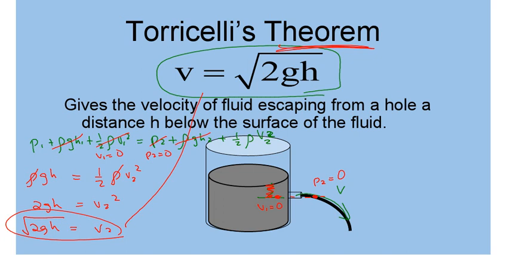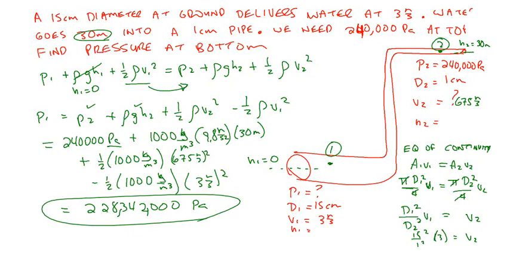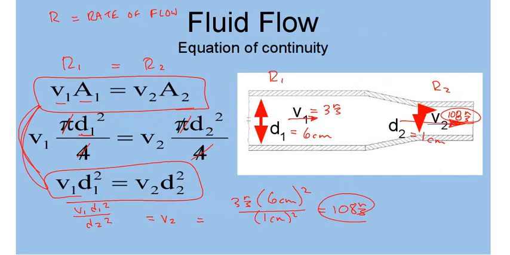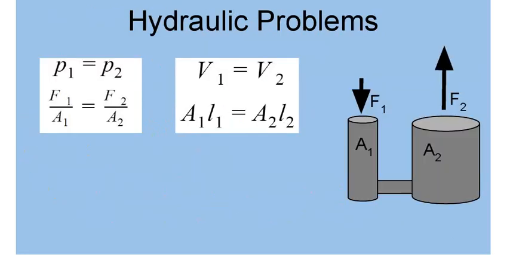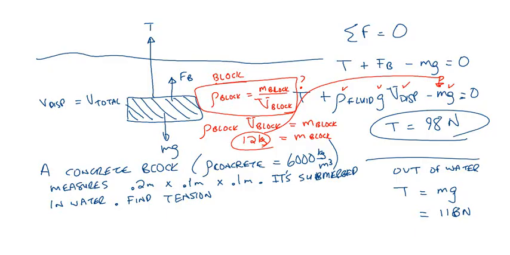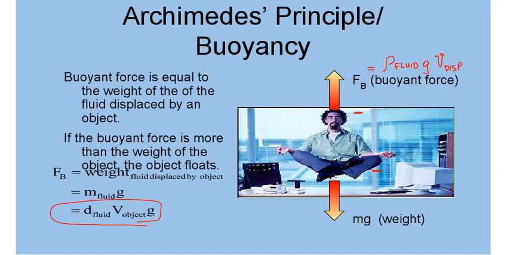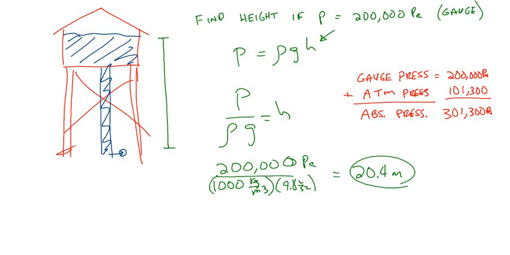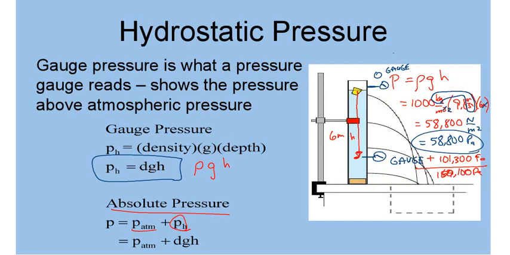In that picture way back there, where we started all this stuff, there was a tube that had a lot of holes in it. You can see that at different heights the water is coming out faster, right?